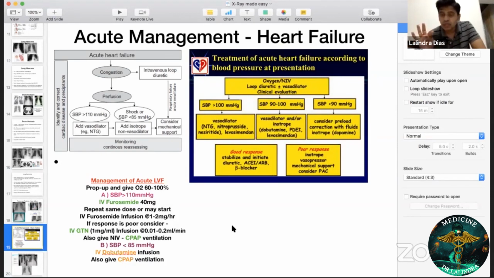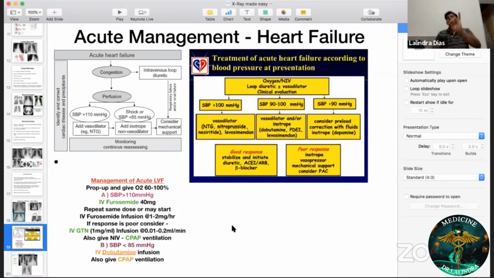Then number two, you have to reduce the sympathetic stimulation in heart failure. The sympathetic nervous system you have to suppress. For that you have to give beta blockers. What are the beta blockers? Carvedilol, bisoprolol, metoprolol. Atenolol also you can give.